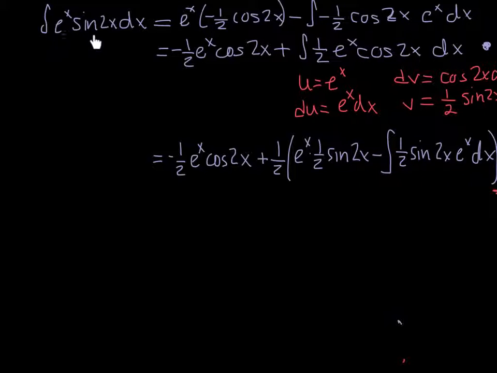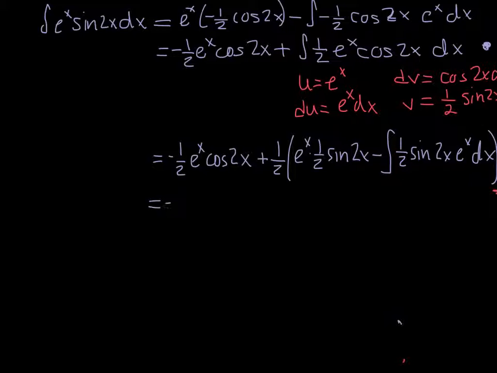E to the x times sine of 2x times dx. If you remember at the very beginning of this video, I told you that whenever you have an exponential function and a trigonometric function, you're going to obtain a cycle. Here's where the cycle appears. I have the same integral again, so I'm going to show you what to do. First, let's rewrite part of this.